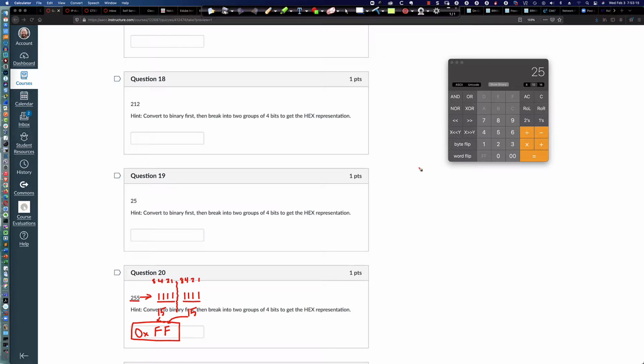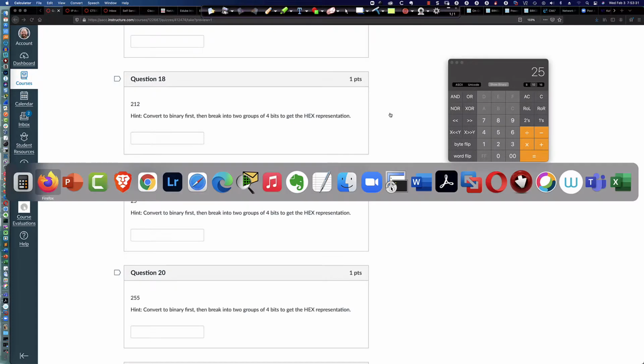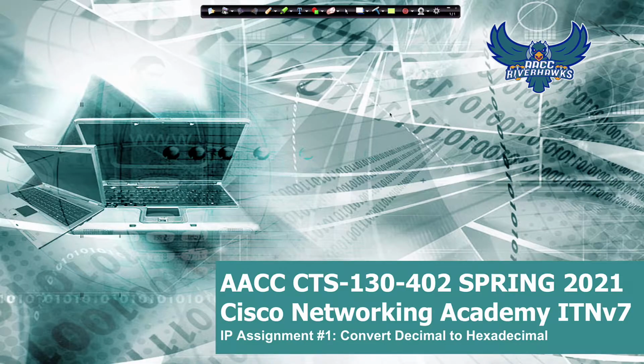All right, well, that is obviously the tougher of the 5 problems here, the tougher of the problems out of these 30 or so problems that we're dealing with. Now we're going to go into address classes in our final video. So hopefully you've got a really good understanding now of how you would convert from a decimal value to a hexadecimal value.